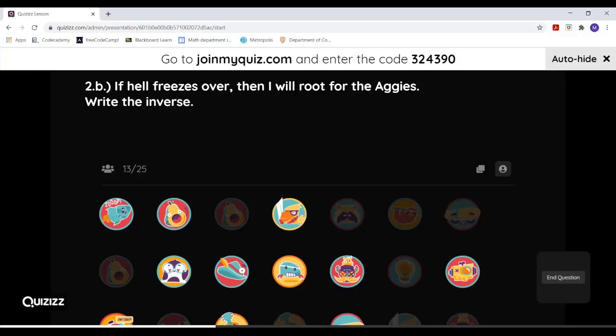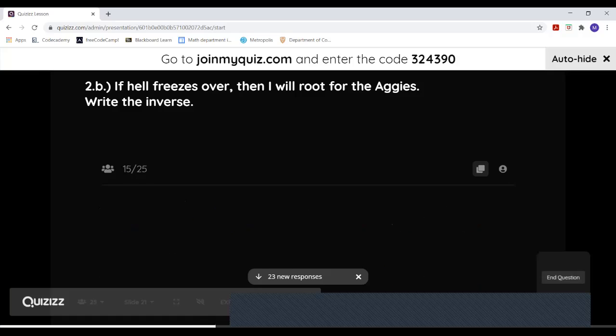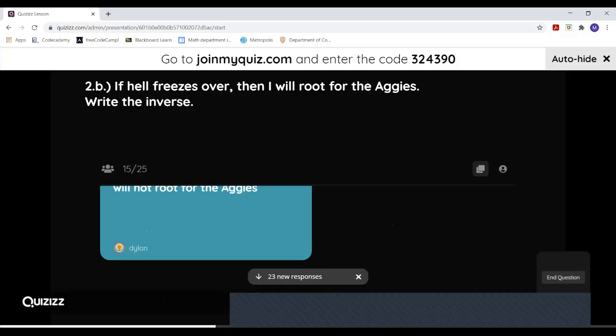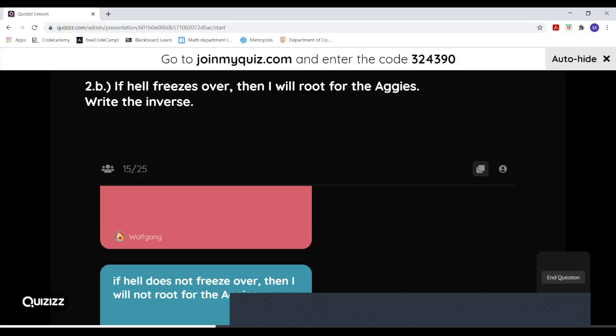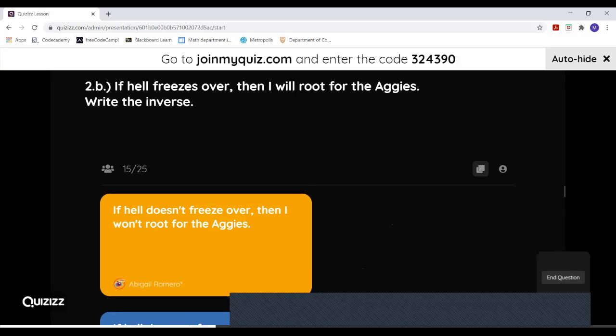All right, so what does the inverse look like? I want to look at these responses. If hell doesn't freeze over, then I will not root for the Aggies.